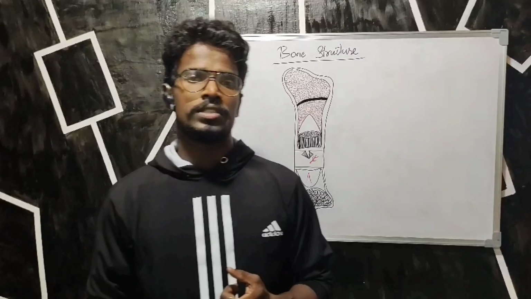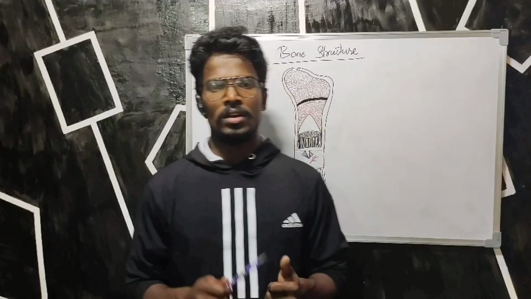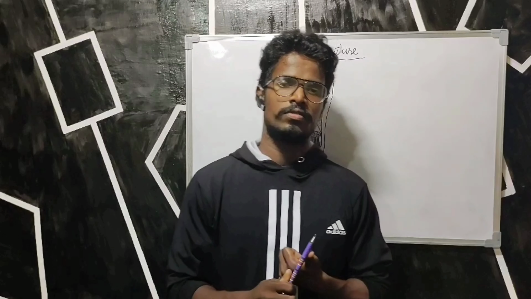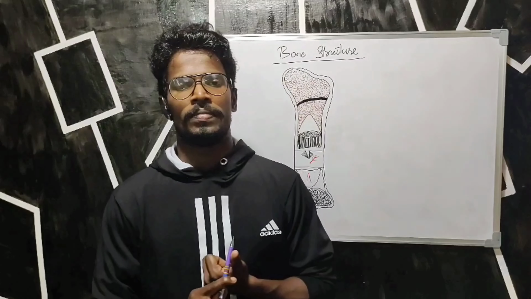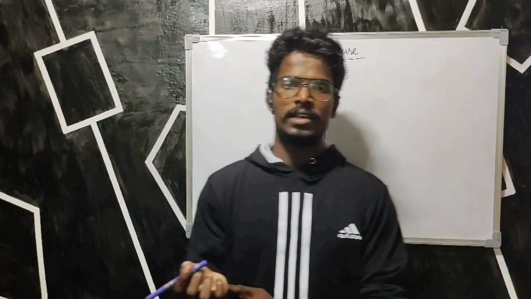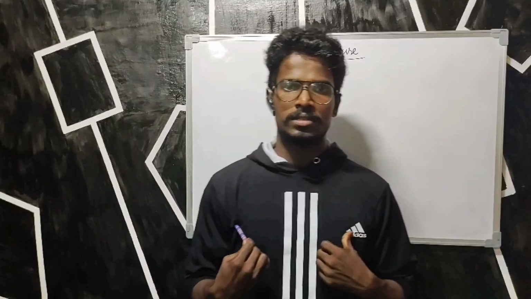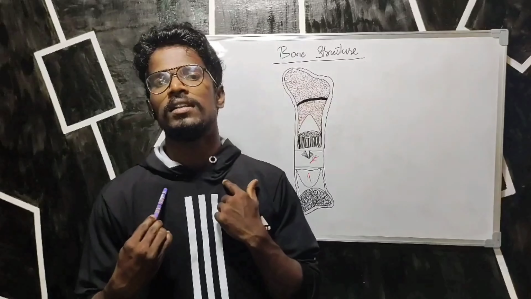Clear? Yeah. So based on shape, bone is divided into five types: long bone, short bone, irregular bone, flat bone, and sesamoid bone. Examples of long bones are the longer bones of your limbs: humerus, radius, ulna, femur, tibia, fibula, and other bones like your ribs, clavicle, etc. And short bones.